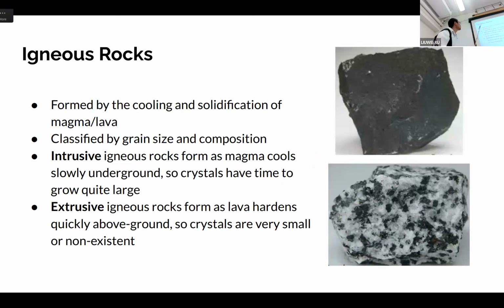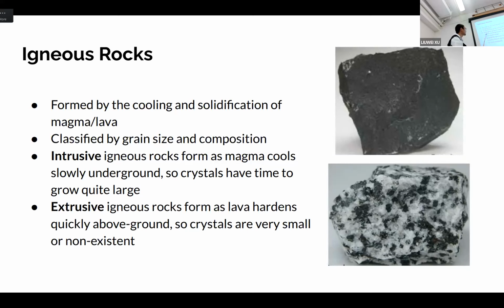So igneous rocks are formed by the cooling and solidification of magma or lava. Usually we classify them by grain size and composition. We have two major types of igneous rock, the intrusive and the extrusive.